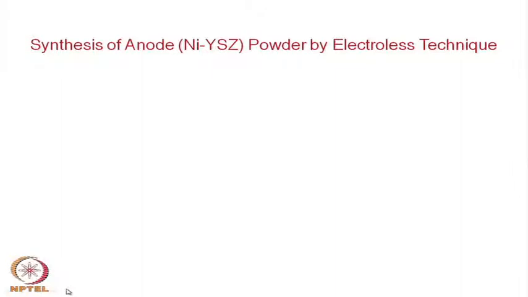Even with very little nickel, we need good electrical conductivity. So, there must be a continuity, that means the particles of nickel should be in touch with each other, so that there is a percolation of charges. That is one of the targets. And normally one uses nickel and YSZ just mixed together, which may or may not give the right kind of connectivity.